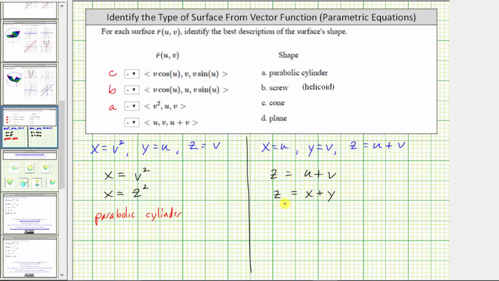Or if we set this equal to 0, we can write this as 0 equals x plus y minus z, which we should recognize as a plane, which is D. Let's go ahead and graph this.